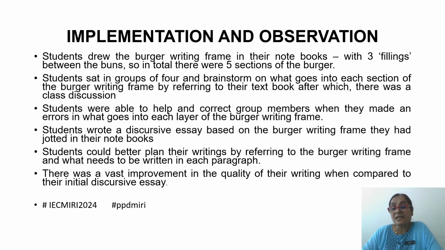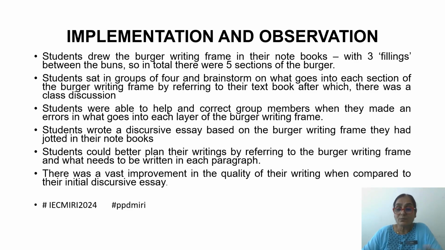After which there was a class discussion to see whether they were on the same wavelength as the others. They were able to help and correct group members when they met an error in each layer, and then there was a discussion on why each layer has this, and why your layer is different from mine. What goes into your layer, what goes into my layer.